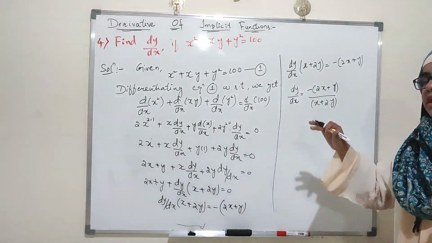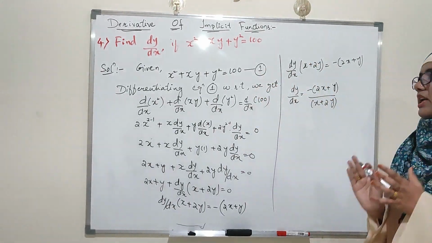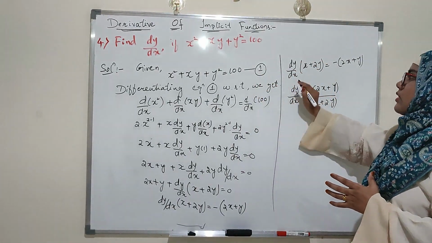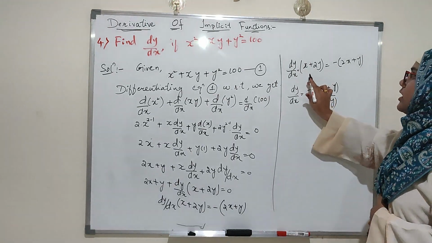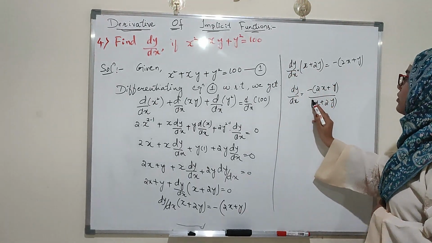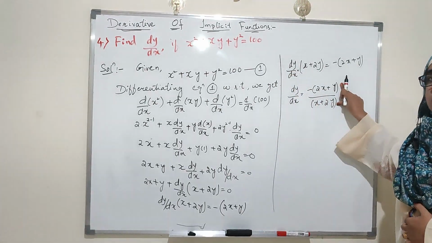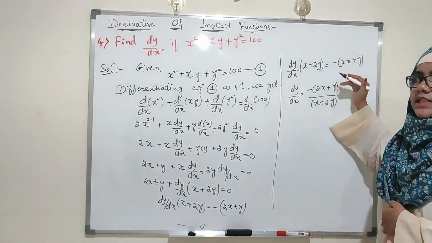If you have plus 2, it will become minus. If you have minus 2, it will become plus 2. But in multiplication, if you want to separate one term, then the other should go into the denominator on the other side.